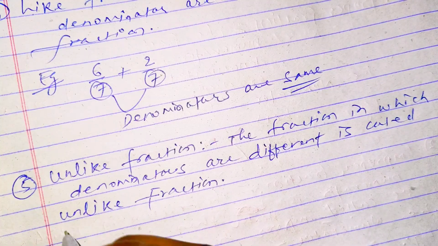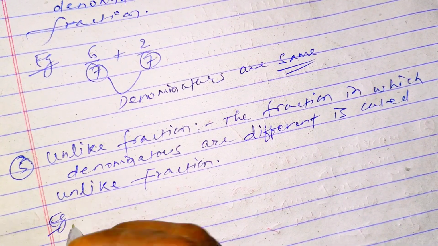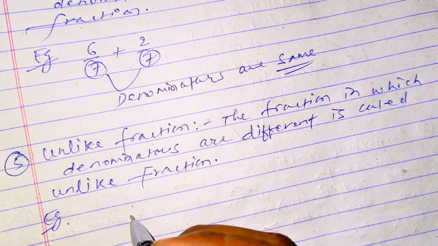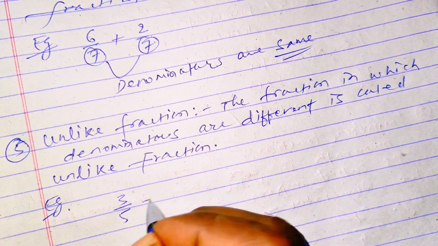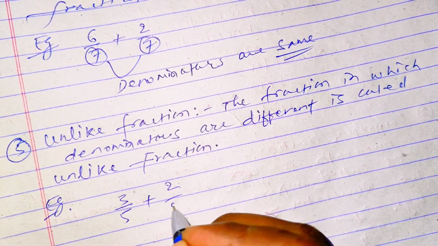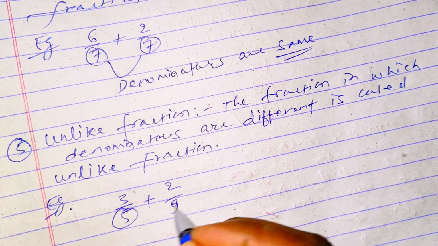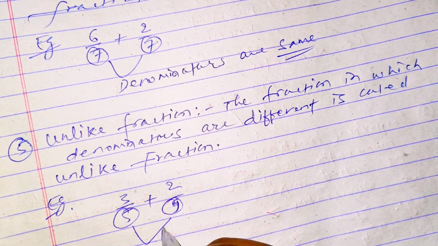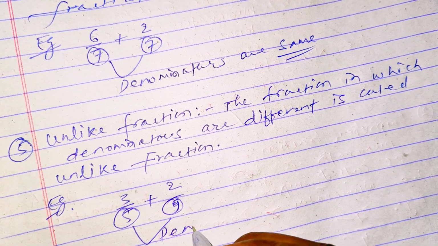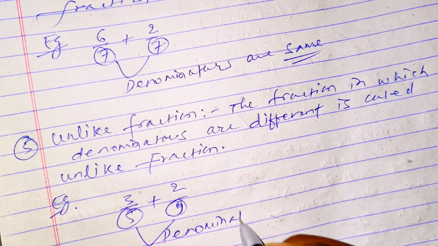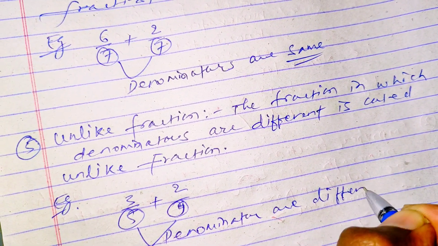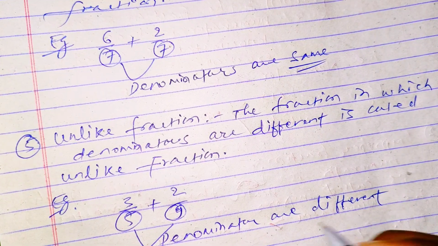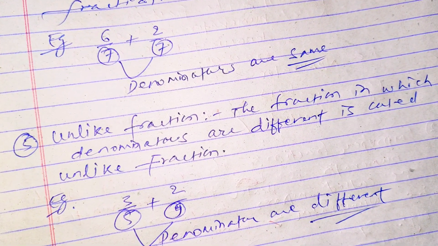Let's take an example: 3 by 5 and 2 by 9. Here both denominators are different, so it is an unlike fraction.